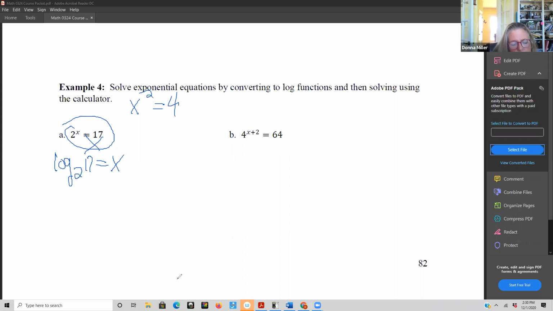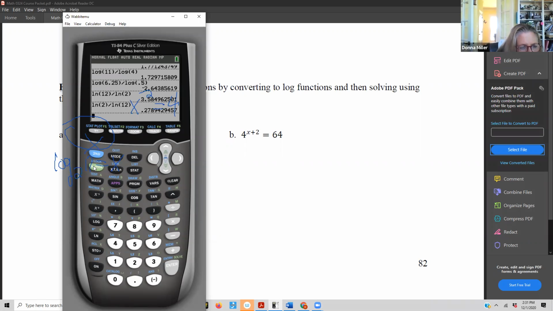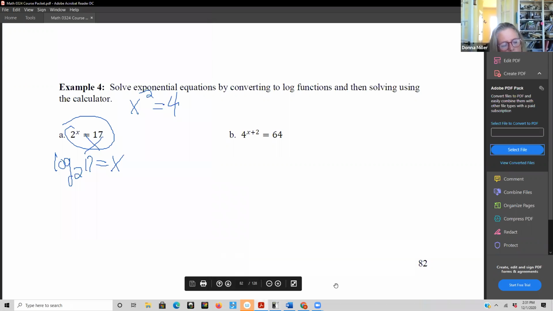And now I've got something I can just plug in my calculator. I'm going to go to alpha F5, alpha F2. Log base 2 of 17. And I get 4.08, basically 4.09.